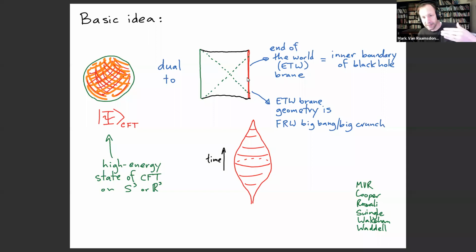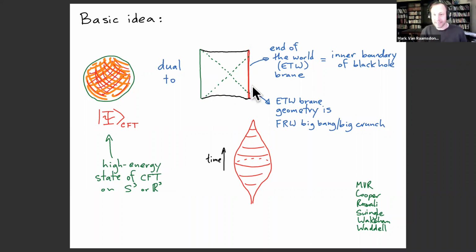If you go past the horizon, eventually, moving spatially, you get to some inner boundary of the space-time. This is what's indicated in red. Of course, this diagram is suppressing the sphere or R3 directions, so this is a four-dimensional geometry.